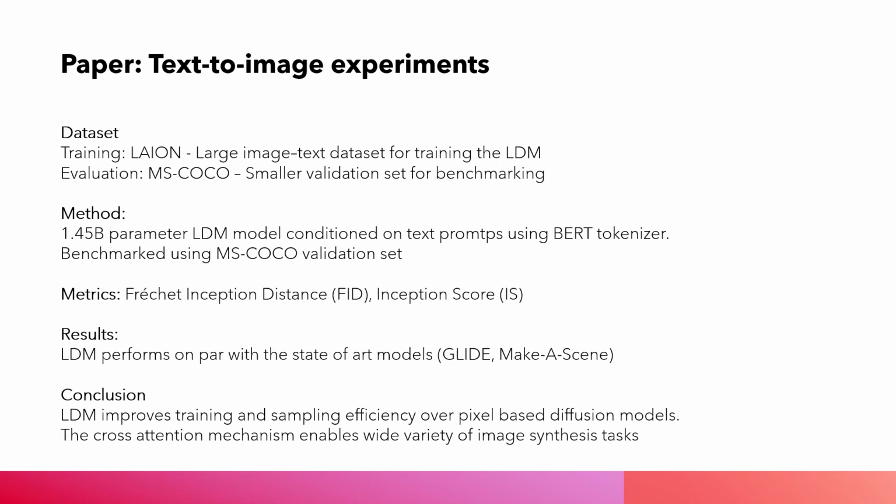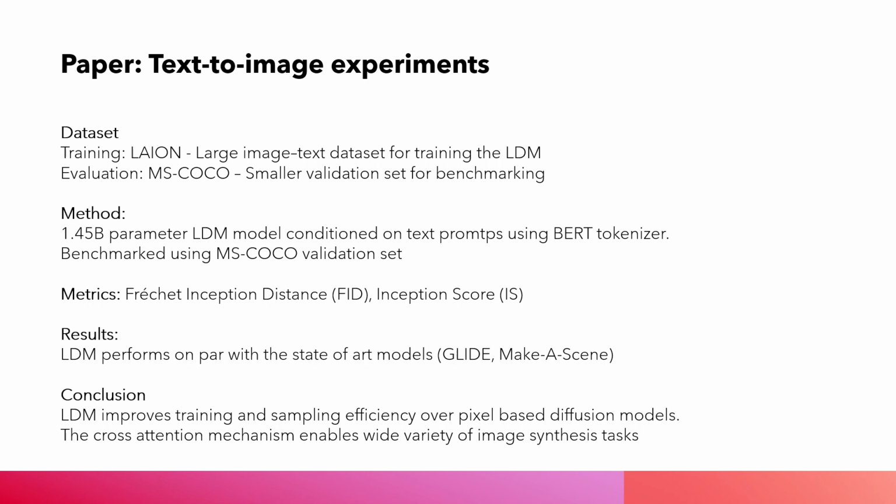The training was performed on a 1.5 billion parameter latent diffusion model, which was conditioned using a BERT tokenizer for the text prompts. The model was evaluated on the MS COCO benchmark dataset, which was also used in other papers. And the metrics they used were FID and the IS scores.